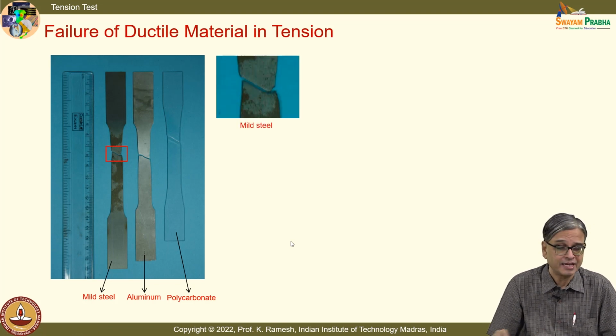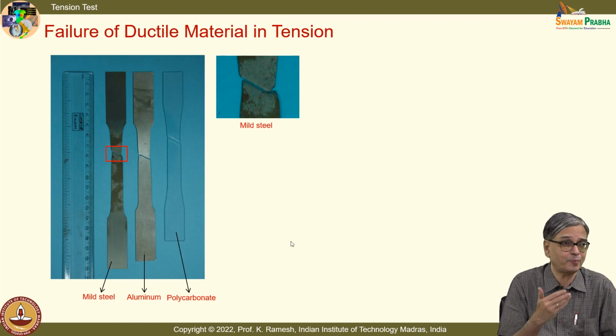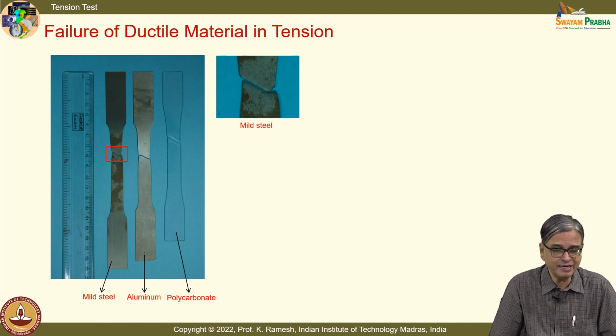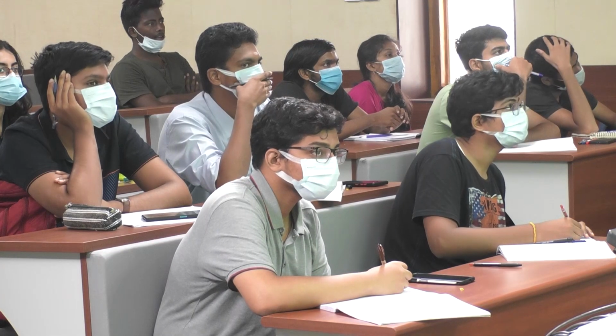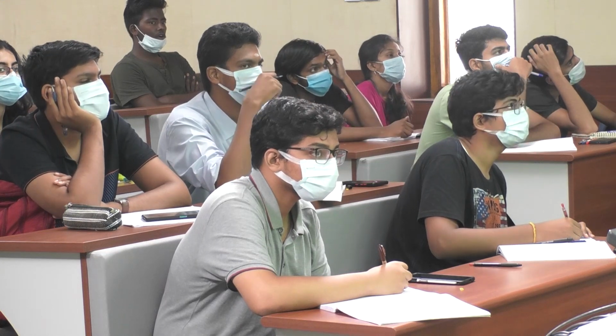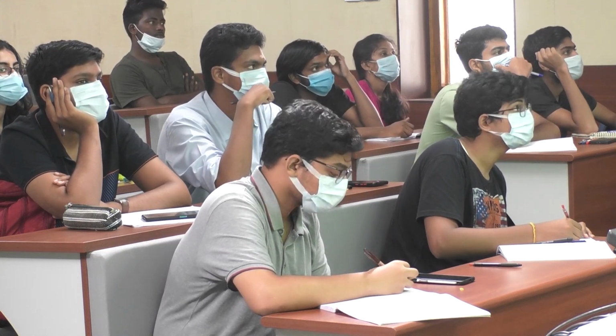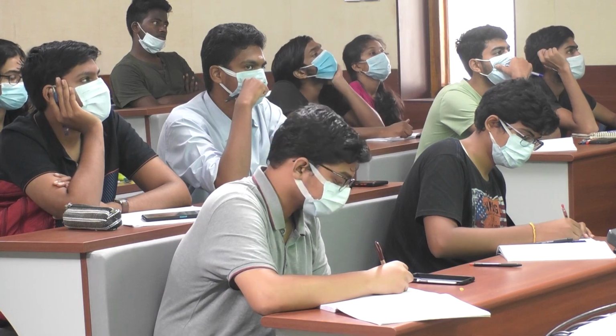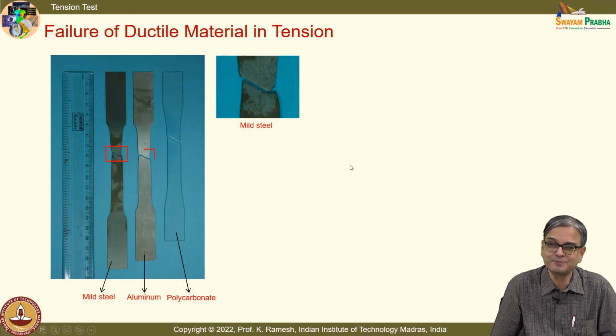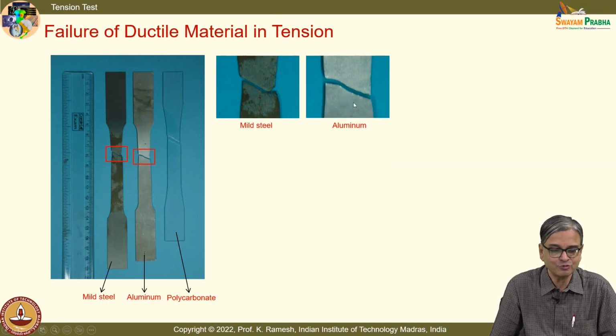It has the property to be ductile, and the mild steel has broken. Can you guess what this angle should be? Because you have been exposed to failure also. What should that angle be? 45. You all know very well, because you can go to Mohr's circle and say it fails by shear, and you see that in aluminum also.